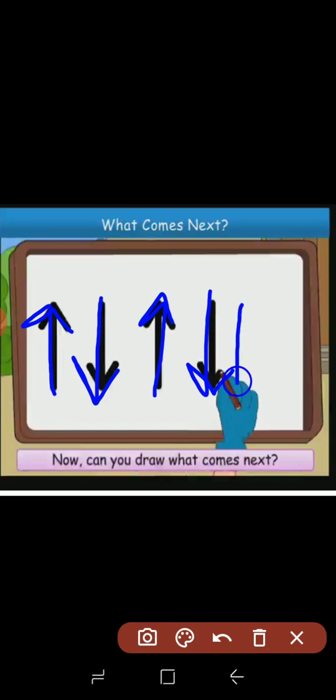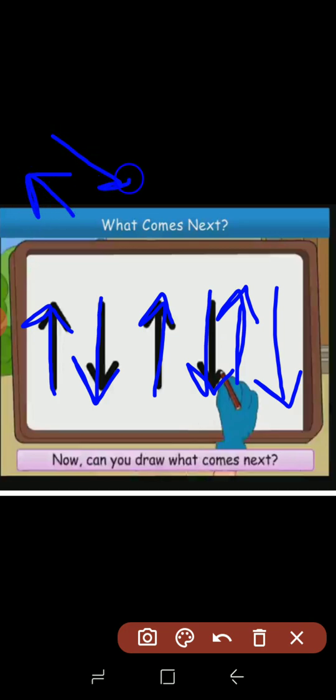Yes, up arrow, then again a down arrow. Okay, in this way you can complete these patterns of arrows. That means up arrow, then down arrow, then up arrow, then down arrow.